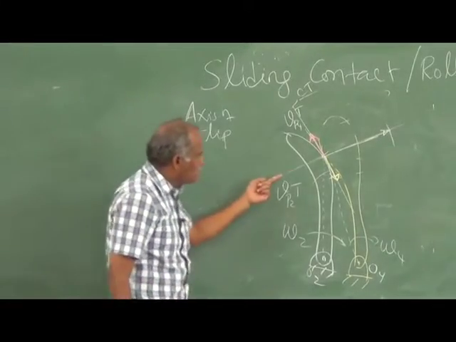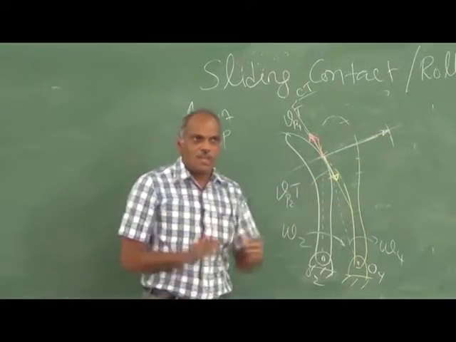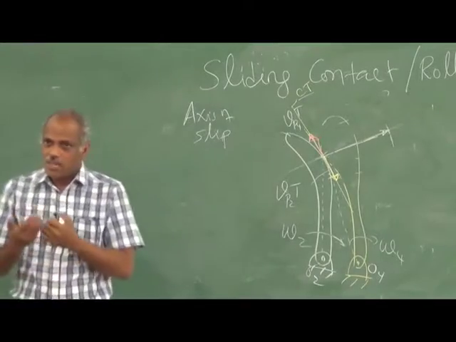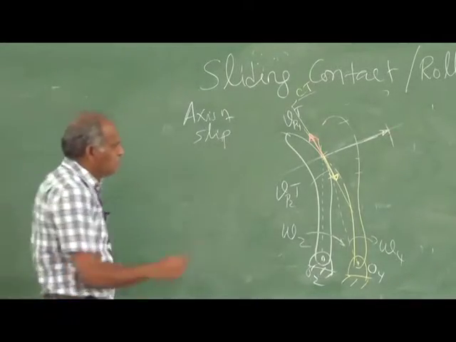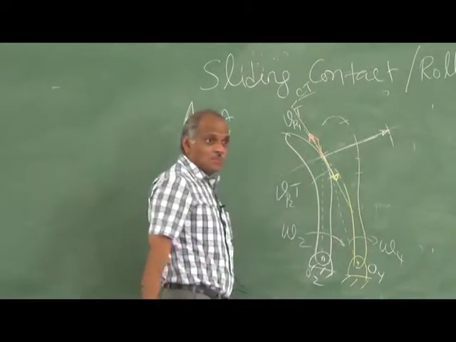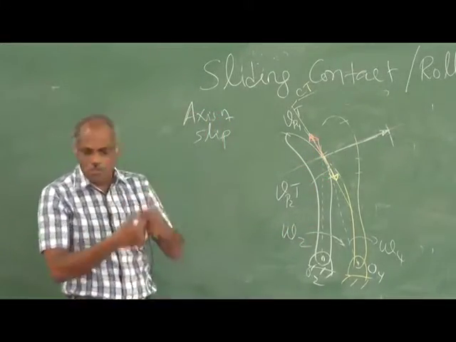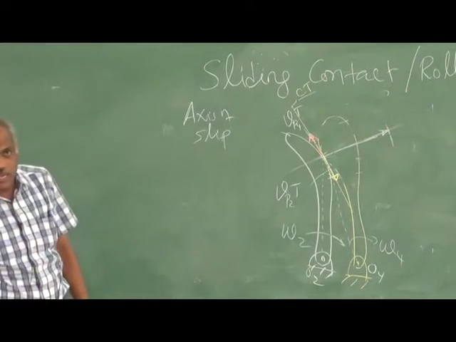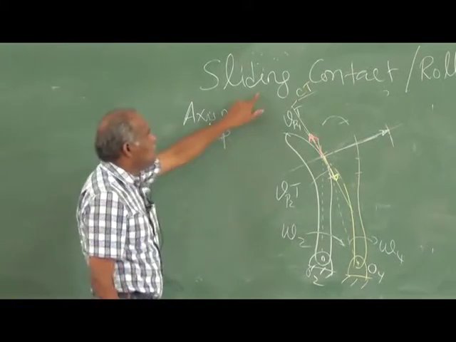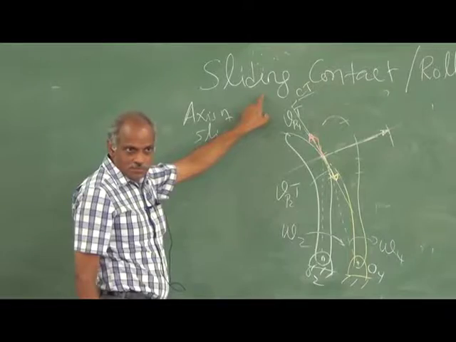Okay? Along the axis of transmission, there cannot be any relative motion. But if there is any relative motion between the two rigid bodies, then that kind of contact is called sliding contact.